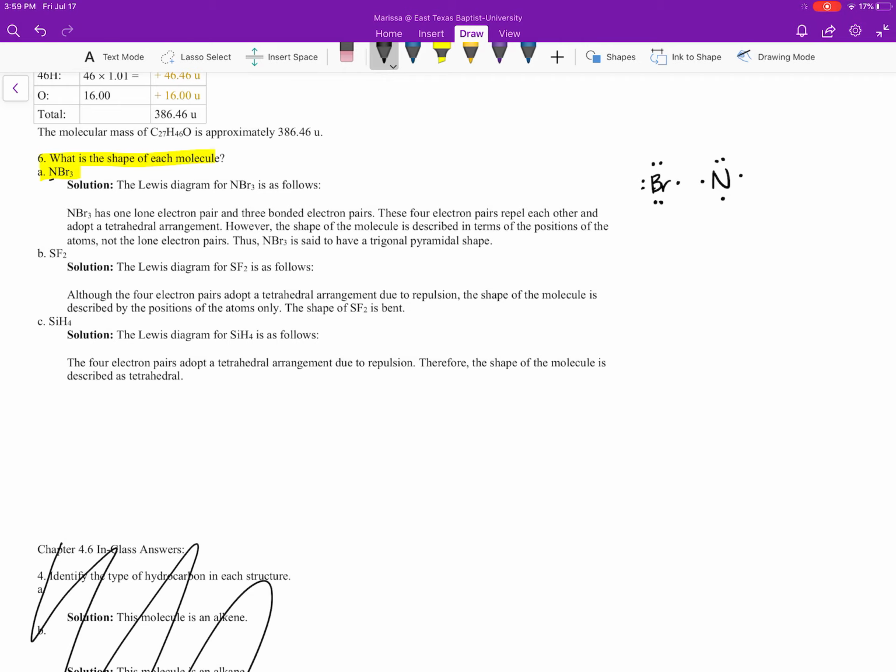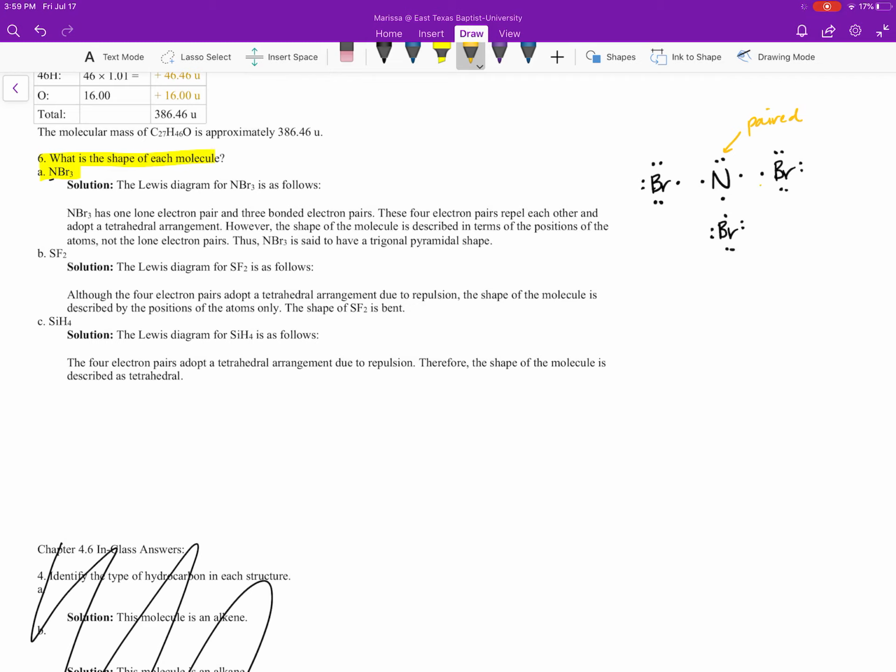Now, I have 3 bromines. Each bromine has a lone electron that's available for bonding. If I remember, bromine has 7 valence electrons because it's in group 7A. When we have electrons paired together like this, these are not going to want to form bonds.